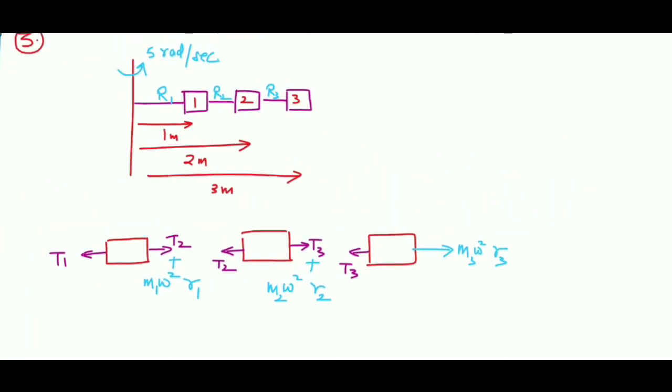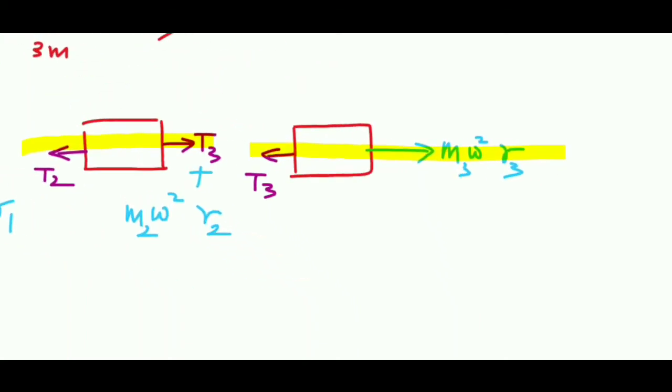So m1 1 kg, m2 2 kg, m3 3 kg, r1 1 meter, r2 2 meter, r3 3 meter. Substitute the values, equate the forces, you will get the answer. You have to equate the forces along the center line, because after applying pseudo force, the forces along the direction where you have applied pseudo force become zero. Net force becomes zero. Okay, so let us equate and find out the values.